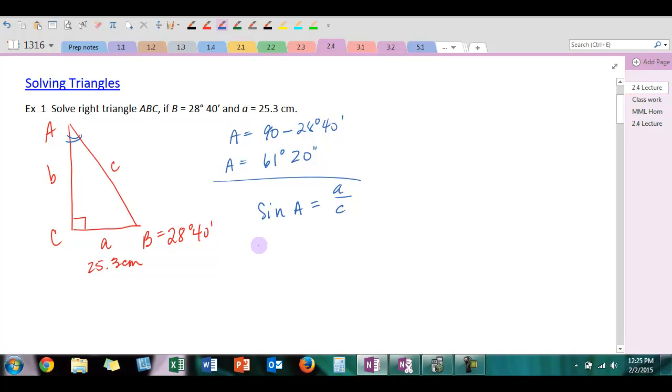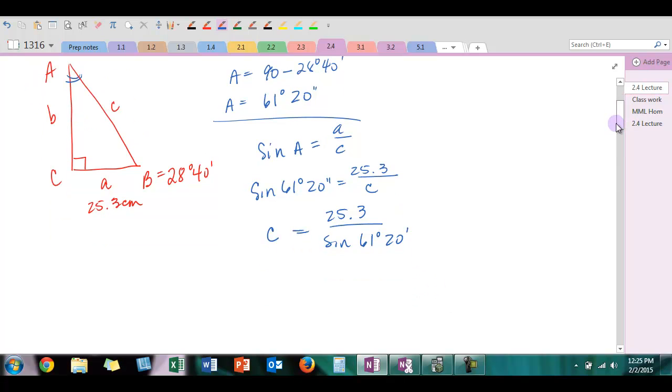So let's do that. I have the sine of 61 degrees 20 minutes is equal to little a, which is 25.3, divided by the side I'm trying to solve for, which is C. Rearranging this equation by multiplying both sides by C and then dividing by the sine of angle A, I end up with this. Make sure that you can rearrange that equation if you're not sure how I did that.